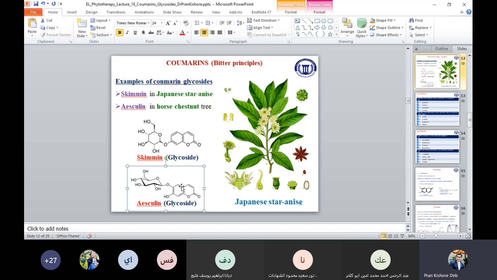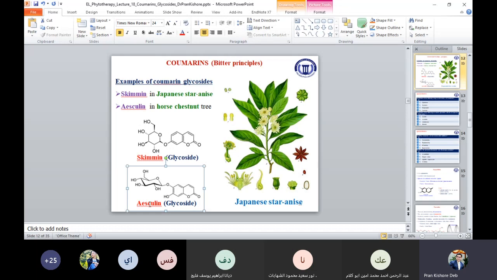It is mainly used in the pathological laboratory for the identification of bacteria. We will discuss in detail how this coumarin glycoside, esculin, is used in the pathological laboratory for the identification of different types of bacteria.